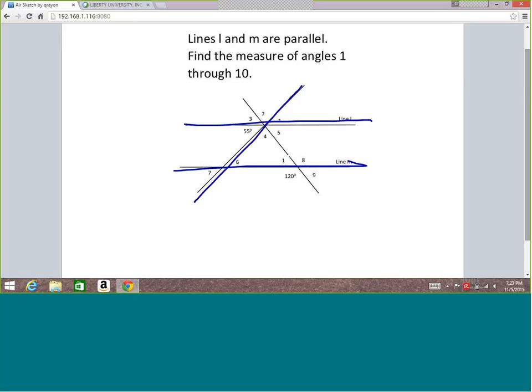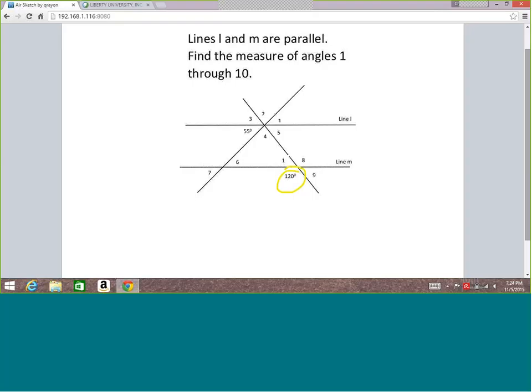And another thing I did is I started in the problem with what I knew. I didn't start finding angles 6 and 7 because if you look in the vicinity of angles 6 and 7 here, I don't know anything. I have nothing marked. I have no angle measures marked. So that is not where I want to start. I want to start in this picture where I have things that I know, like this 120 degrees.